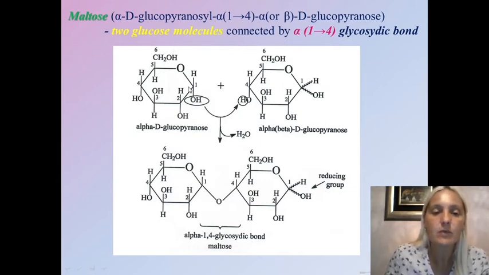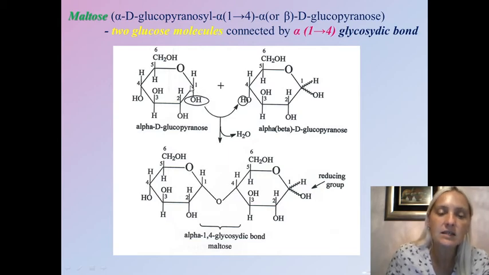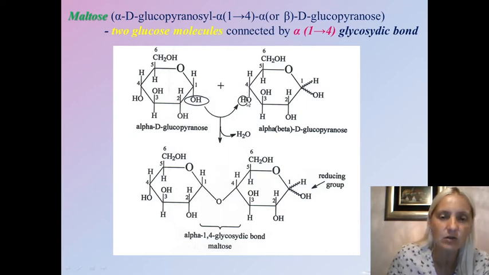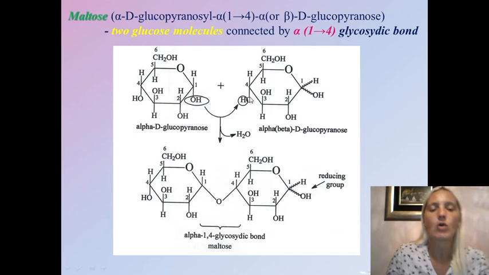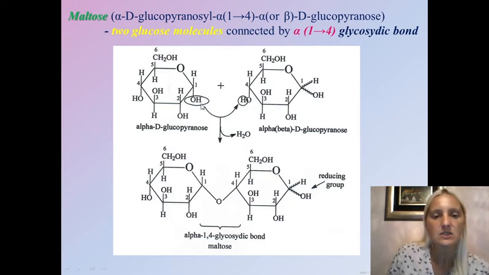Alpha means that one molecule of glucose will give the semiacetal OH group at C1, and this one is in alpha position, so below the ring. So this is the alpha-1 OH group, and the OH group at C4 of another molecule of glucose. This is the second molecule of glucose, and its OH group goes into the reaction.